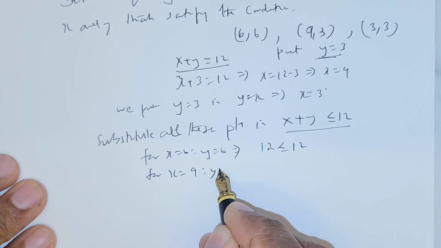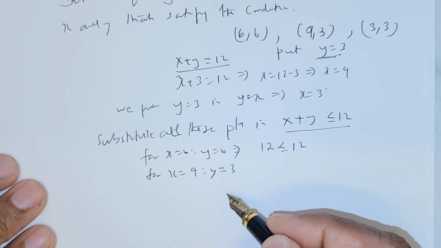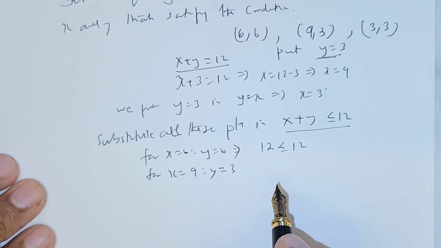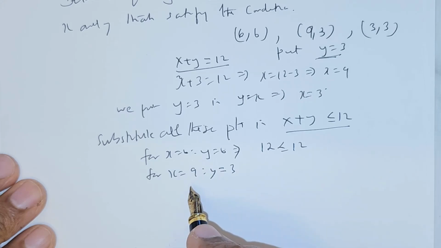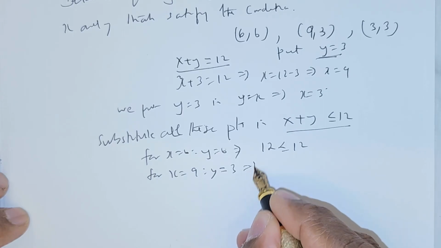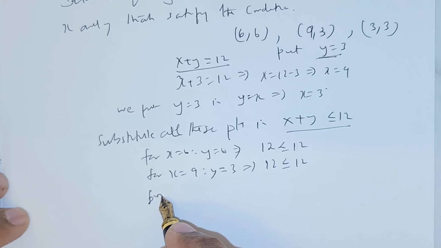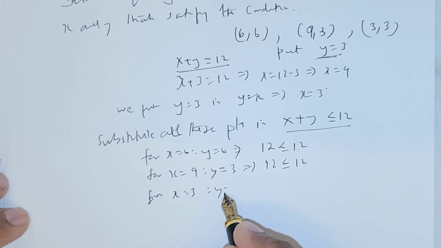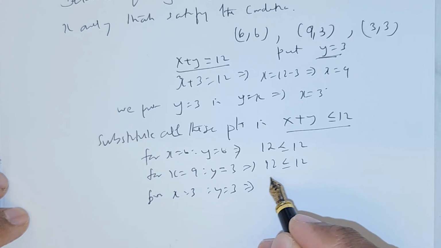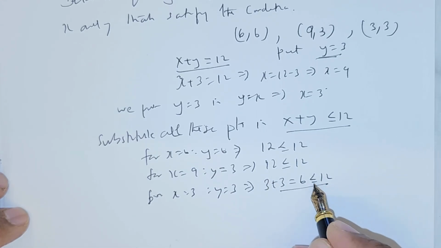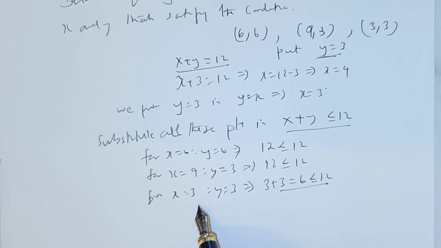For x is equal to 9, y is equal to 3, again all these things will satisfy the system. Okay. So 9 added with 3 is 12 less than equal to 12. Now for x is equal to 3 and y is equal to 3, we get 3 added with 3, which is equal to 6 less than equal to 12. So this is the minimum value.